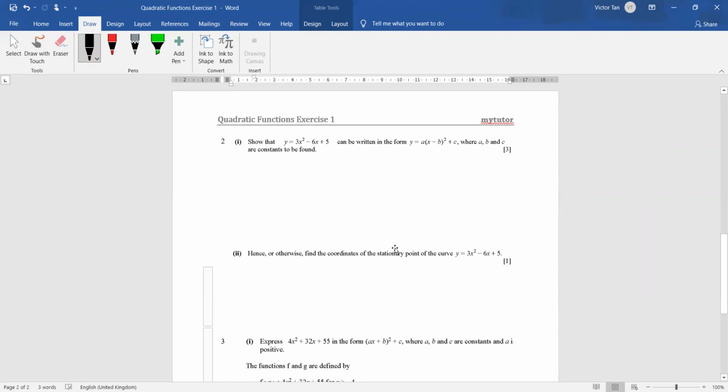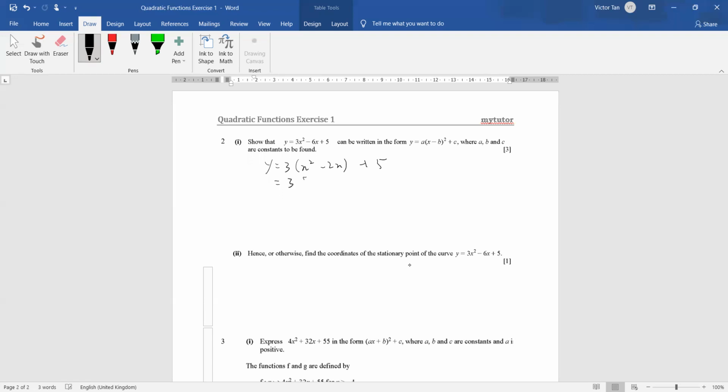Show that y equals 3x squared minus 6x plus 5 can be written in the form a(x minus b) squared plus c. So this is completing the square again. So first step, factor out the coefficient of x squared. So 3 times (x squared minus 2x) plus 5.